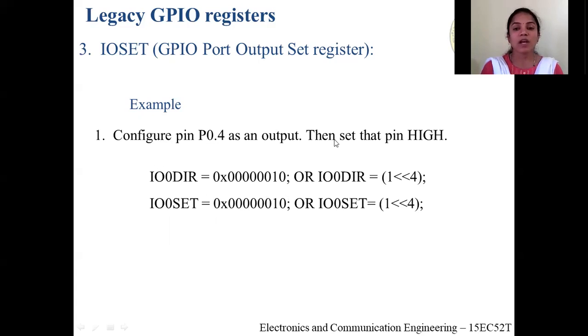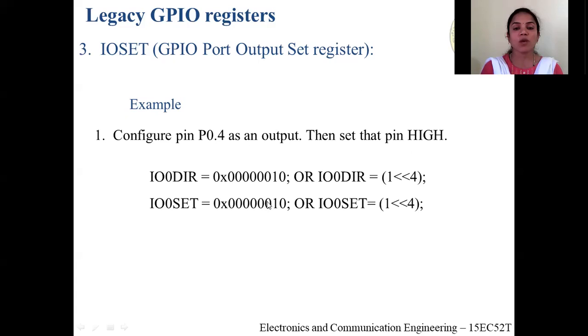Next we have to set that pin high. To set any pin value high, we are going to use the IO set register. Here with respect to port 0, we are going to use IO0SET. The same pin has to be set as high. In the same position, we have to write the value 1. If you write 0, it doesn't have any effect on the port pin.